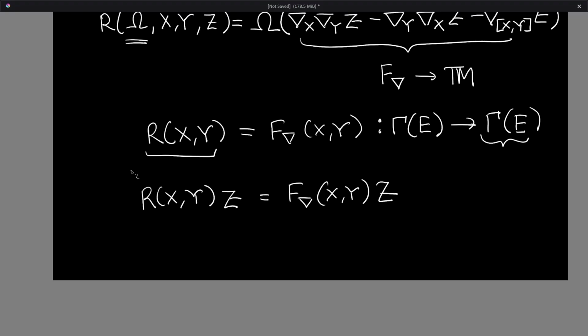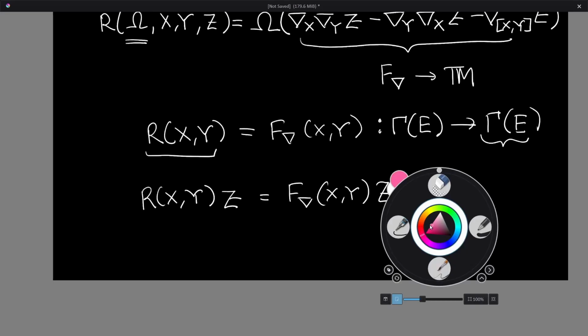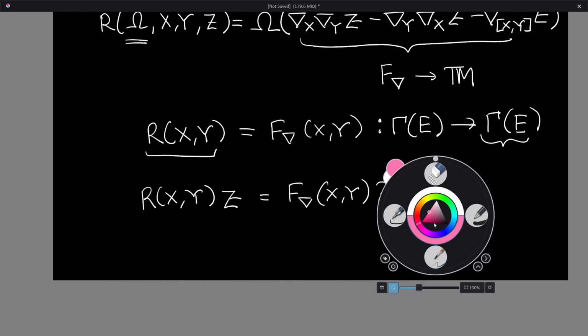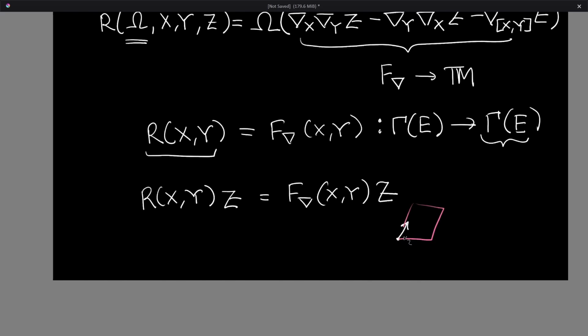You need to keep track of the input vector, because the way that the Riemann tensor measures curvature is that it talks about a vector being moved around on a parallelogram, and then it tells you how much the vector changed after you moved it around the parallelogram, right?